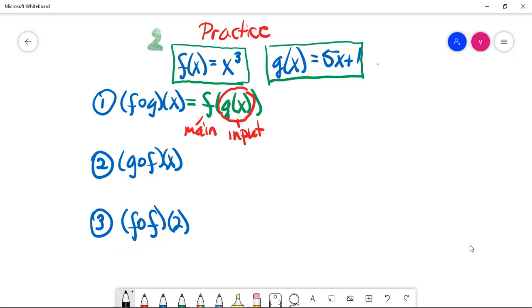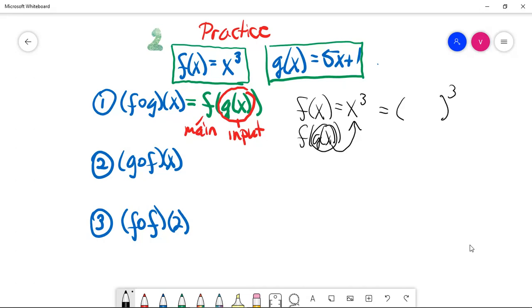F of x is equal to x cubed. If we have f of g of x, we're going to input g of x into that x cubed there. So it will become, here's your x input cubed. So that g of x goes in here, 5x plus 1, input cubed, like that.